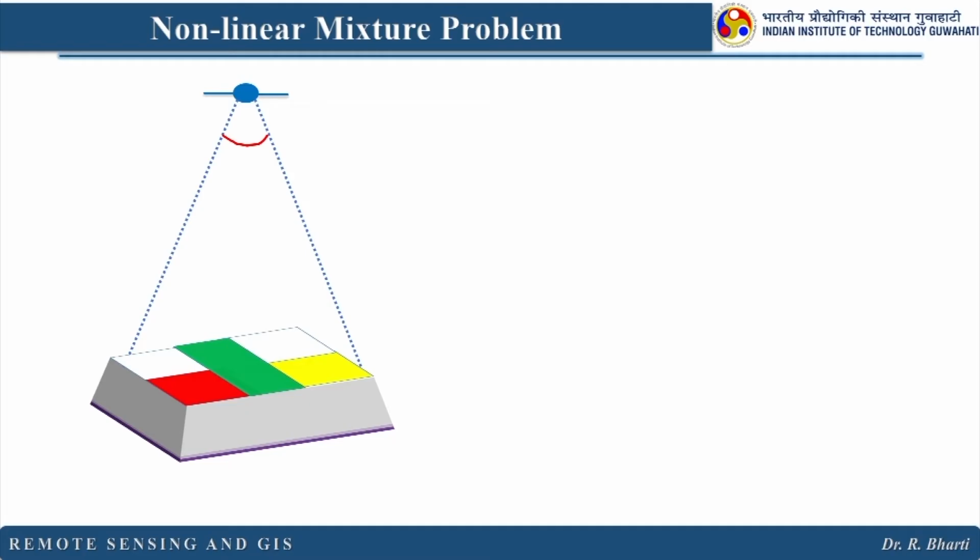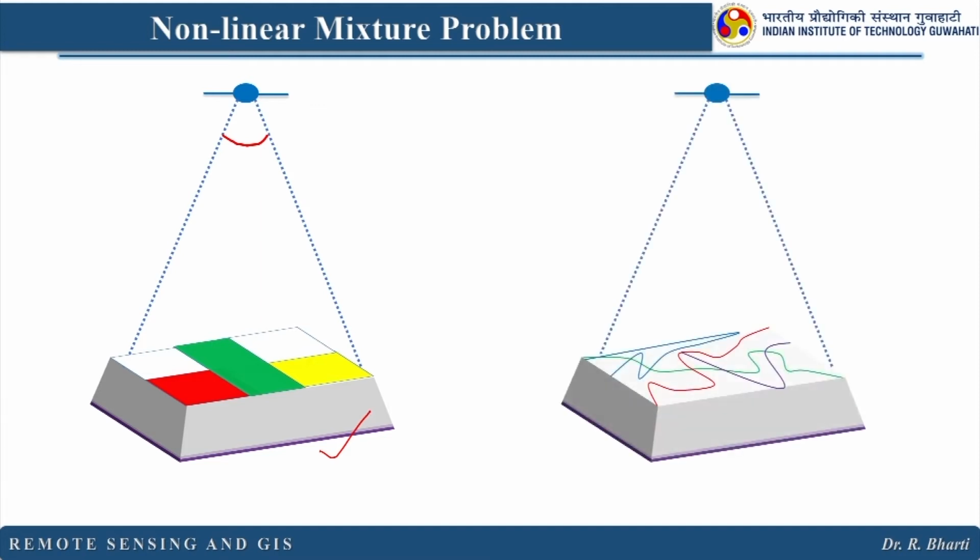So, then still it is easy to quantify their contribution in the resultant image spectra, right. But in case they are not defined and they are actually non-linearly mixed within the IFOV, then what will happen? It will be difficult to quantify their effect on the image spectra, right.